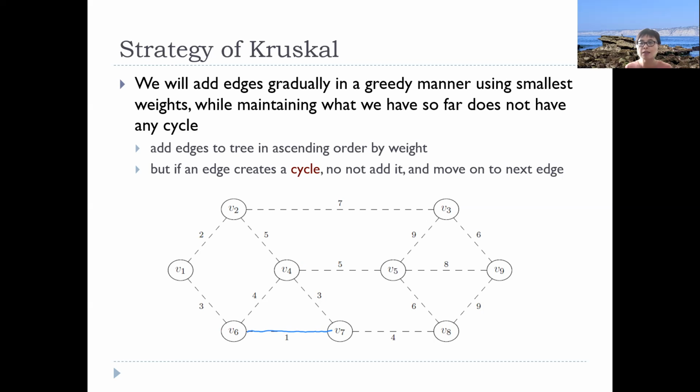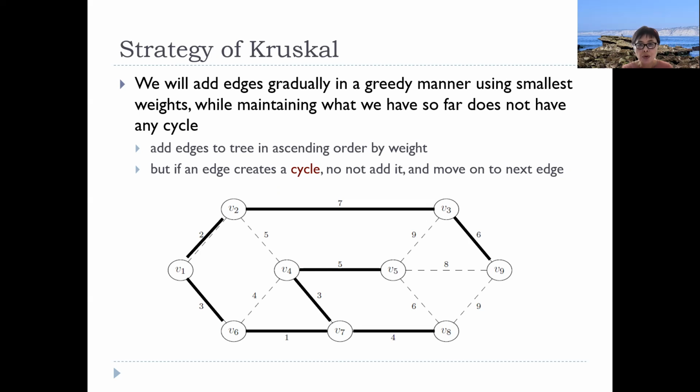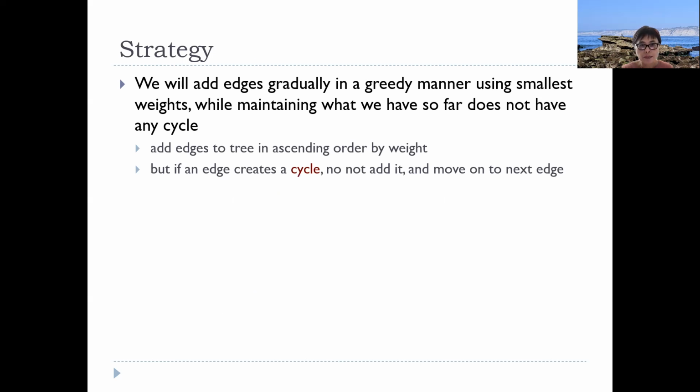It's a greedy algorithm. I'm just going to add the tree edges one by one from small to large weights. You always try the cheap edge first, and as long as it doesn't cause a cycle, we add it to the tree. Because you are trying the cheapest edge first, that means so far this is the best way to grow your tree. So that's the idea.